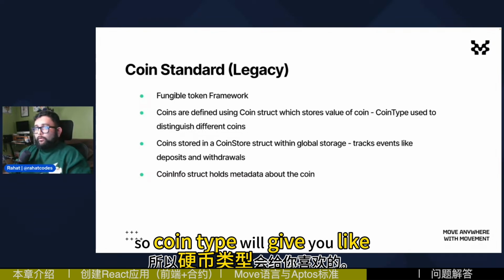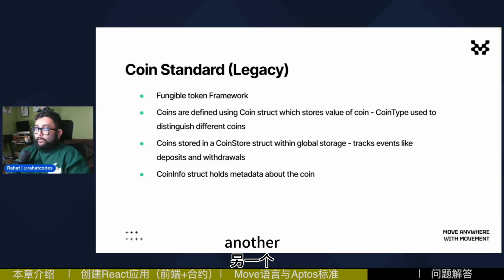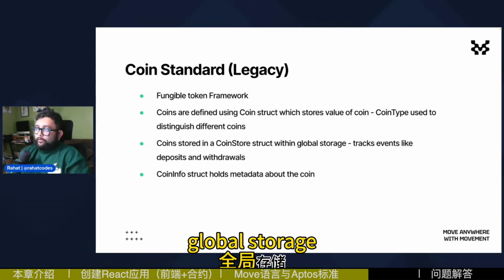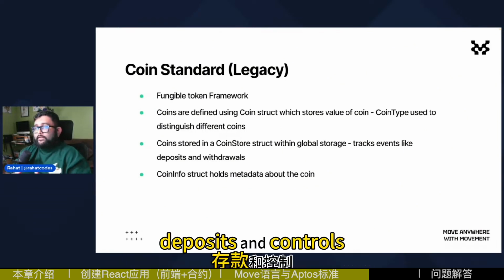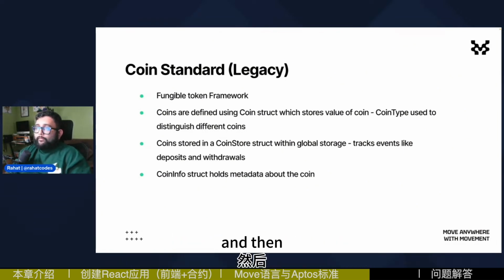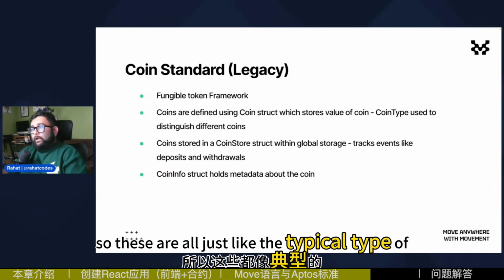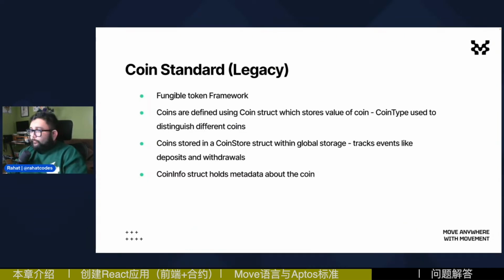So coin type will give you specific data about each of the coins and distinguish them from one another. Coins are stored in a coin store struct within global storage, and this helps you with things like tracking events for deposits and withdrawals. And then the metadata of the coin is held inside of a coin info struct. So these are all the typical pieces of data that you would see in the coin standard.